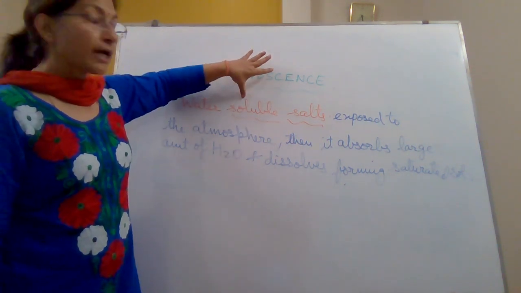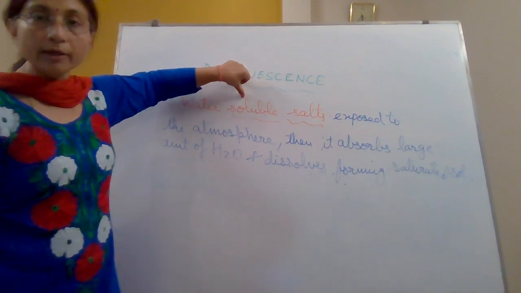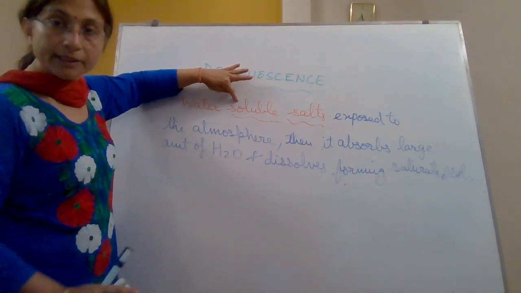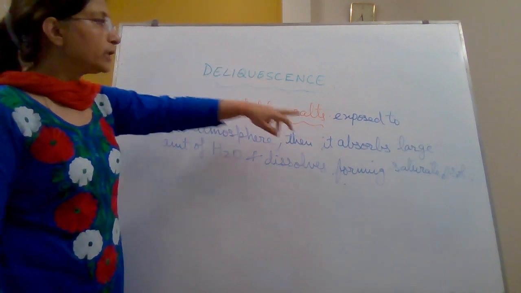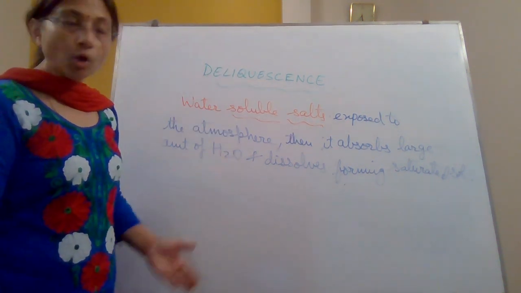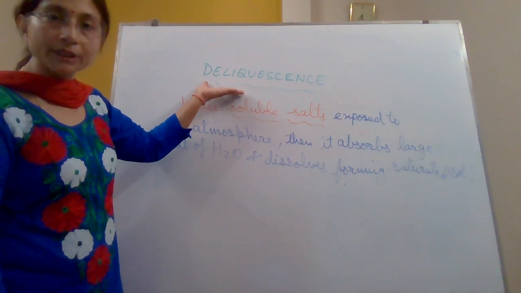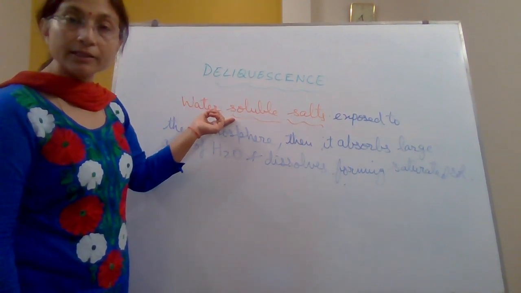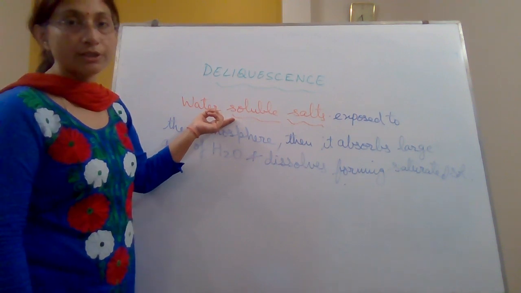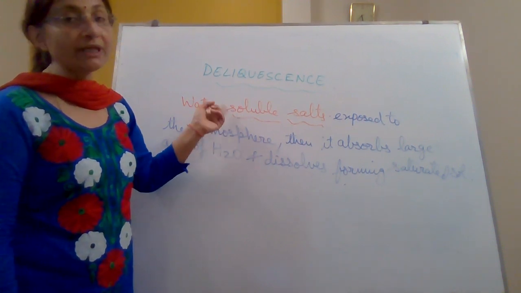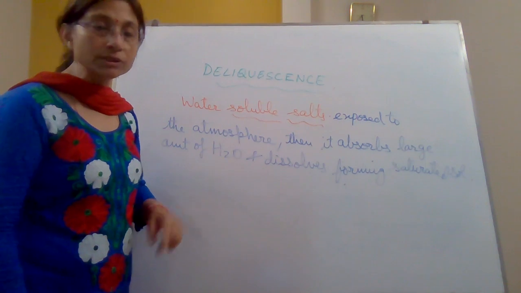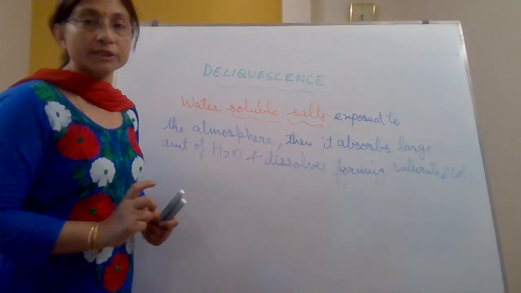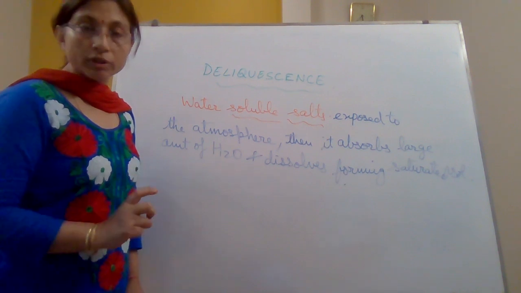The thing is, ये कौन सा salt show करता है, वो salt जो water में soluble हो. Any salt which is water soluble is capable of showing the phenomenon of deliquescence, and such a salt we call deliquescent in nature. So what is the difference between efflorescence and deliquescence? Efflorescence में आपका water of crystallization होता है salt के अंदर.